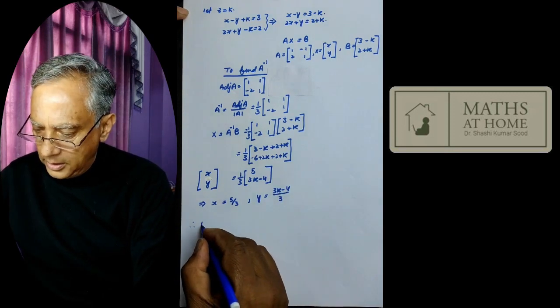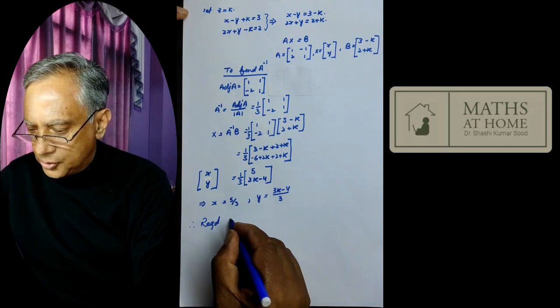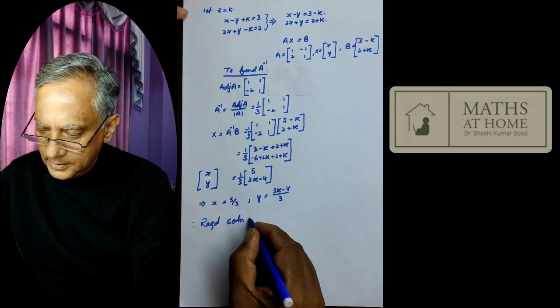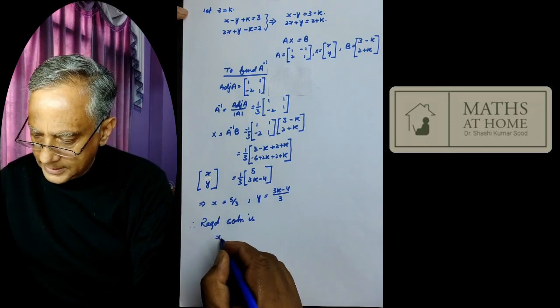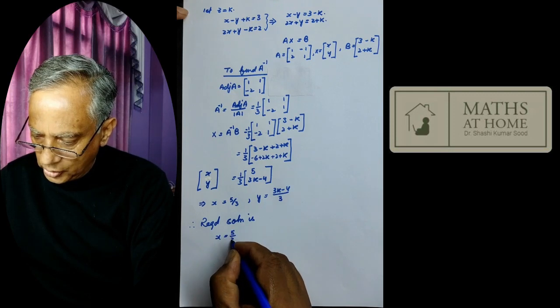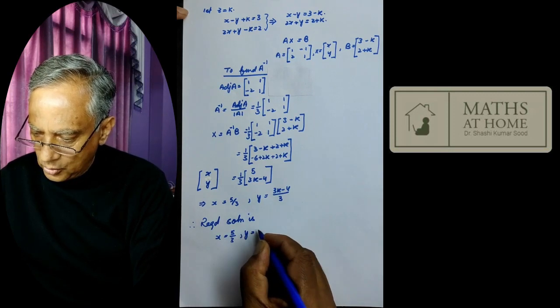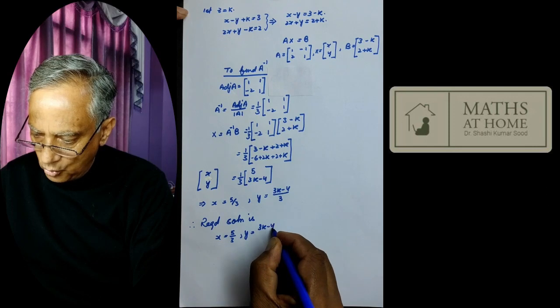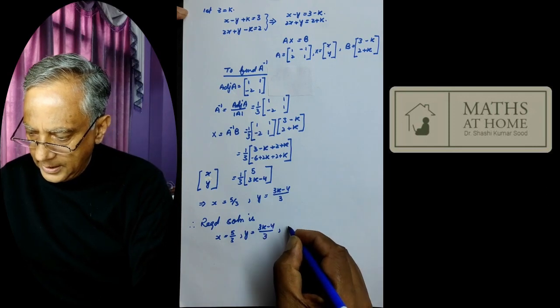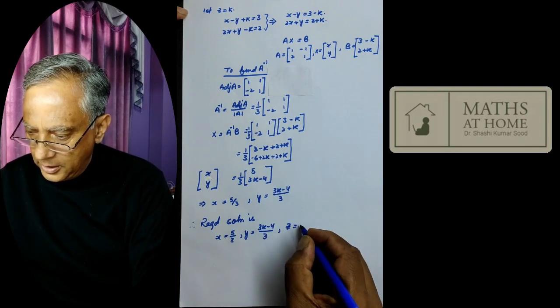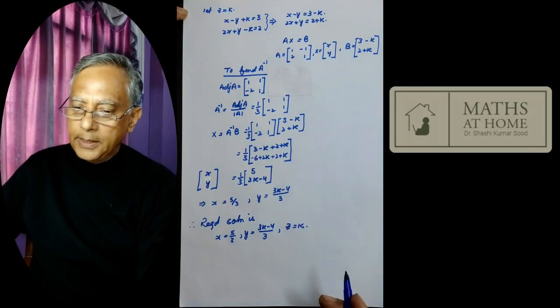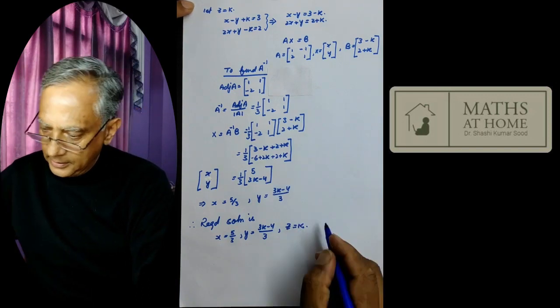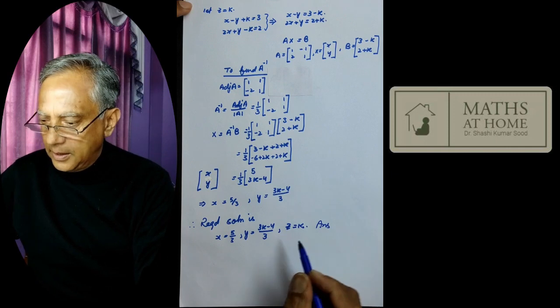And therefore the required solution is x is equal to 5 by 3, y is equal to (3k minus 4) by 3, and z we have assumed to be equal to k. This is the answer.